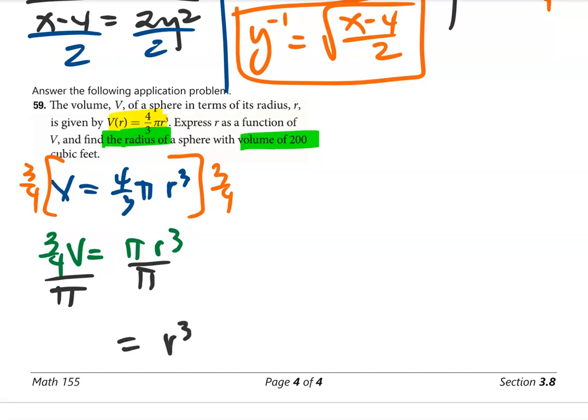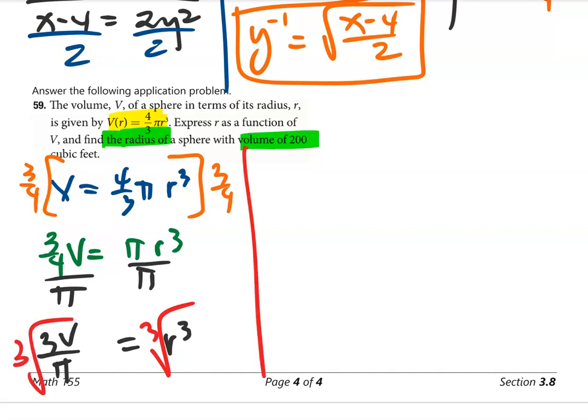So r cubed is 3v over 4 pi, and then cube root, so that your r is equal to cube root of 3/4 of v over pi, or it's the same thing as 3v over 4 pi.